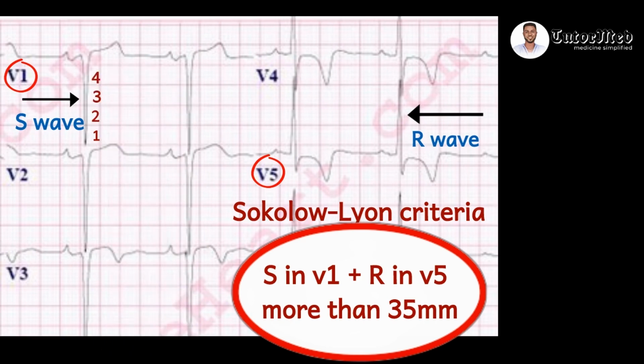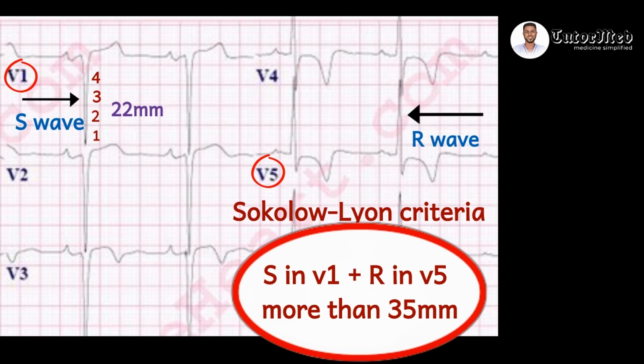And you can even see that it has about two small boxes here, right? So remember that 1 big box is 5 millimeters, and so the 4 big boxes it's covered is 20 millimeters plus the 2 small boxes we indicated. So that gives us 22 millimeters. It means the S wave in V1 covers 22 millimeters.